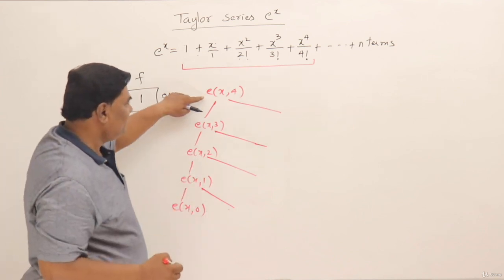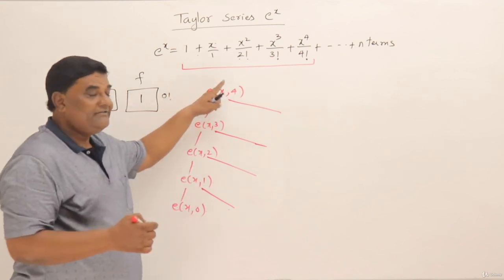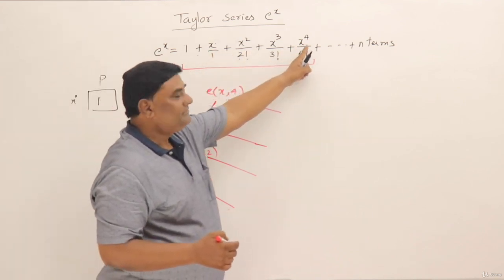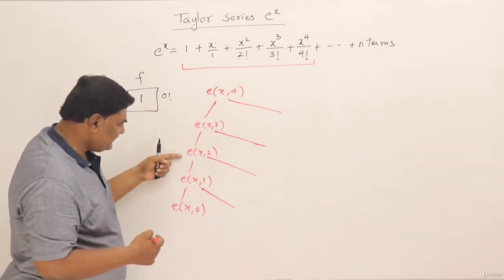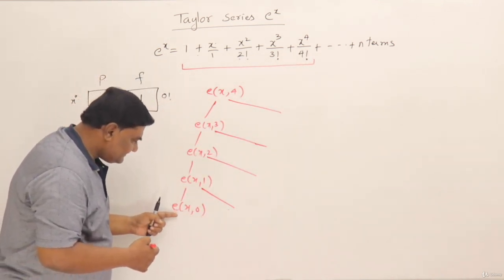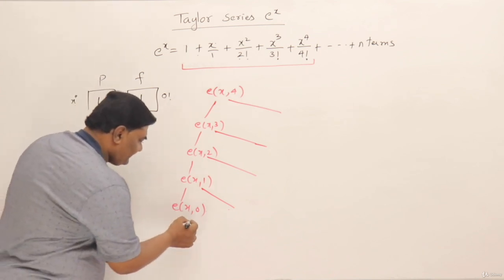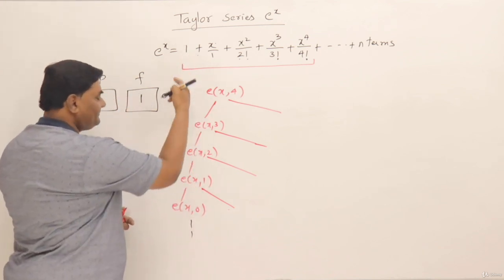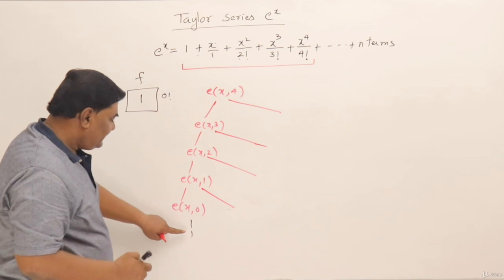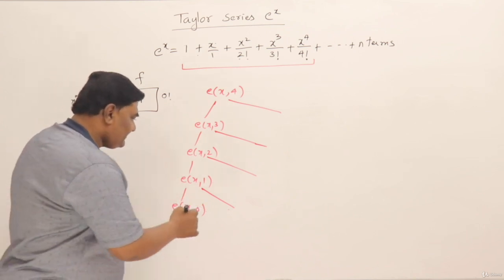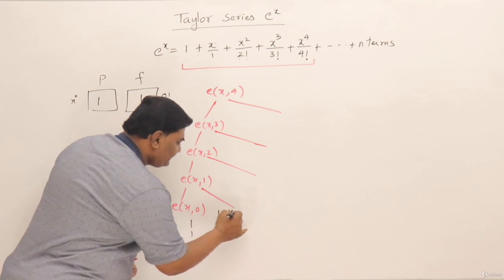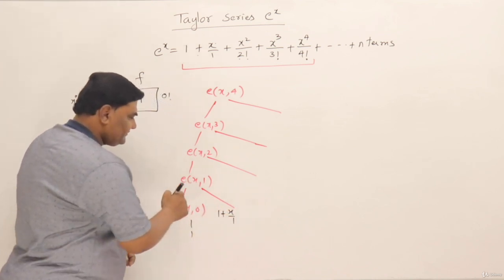For this function call x comma 4, that is I want a total of 5 terms, that is the highest power is 4. So for this it will call itself with 3, then 2, then 1, then 0. So for 0 it should return 1. So that is this term, that is 1 it is returning. Now when it goes back here, what it should do, I need the term 1 plus x by 1 for this call.